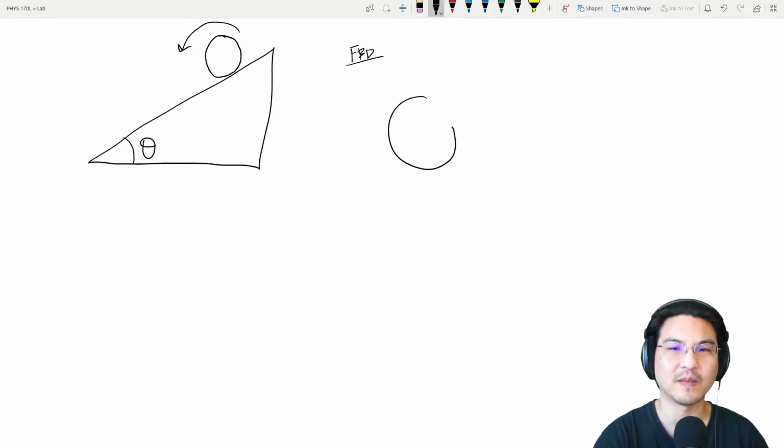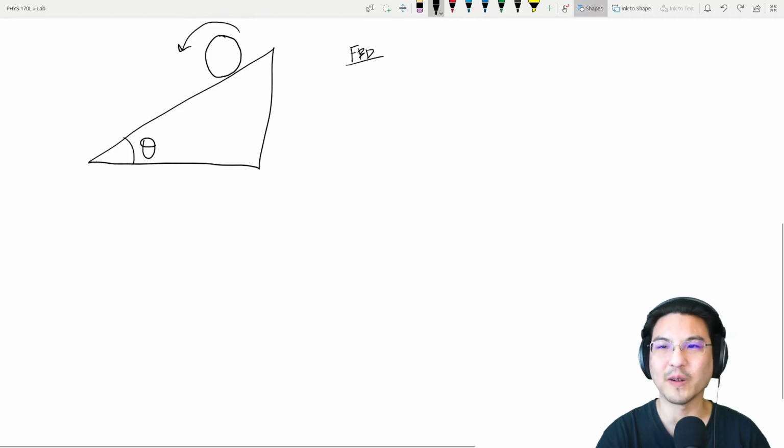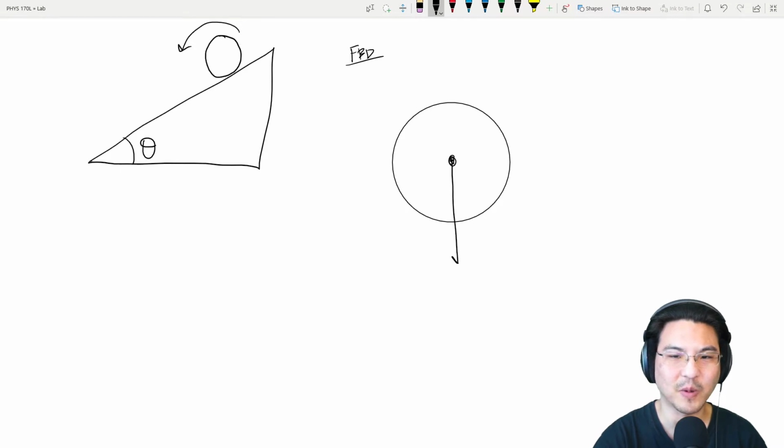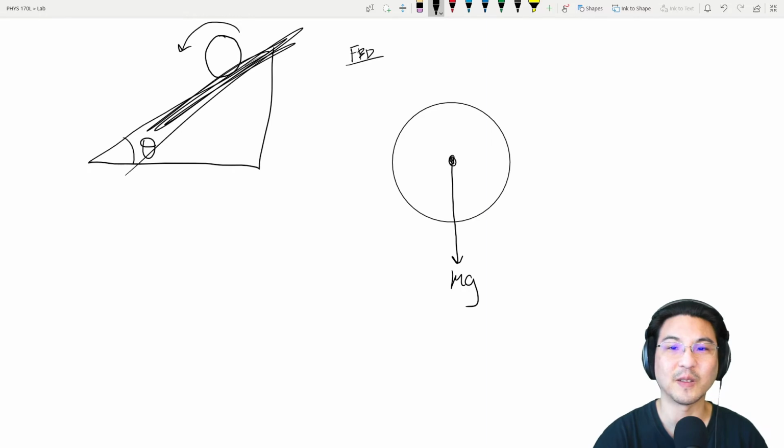All the forces acting on your round object. Let me try and get a nicer circle. There, okay. The object has weight acting at the center of mass, and then see how it's touching the ramp.